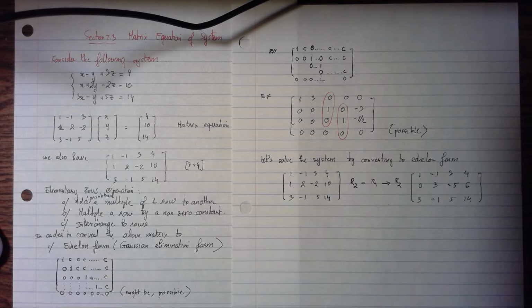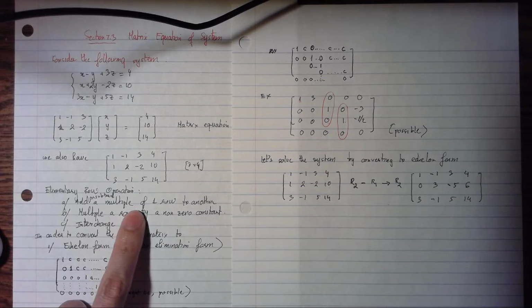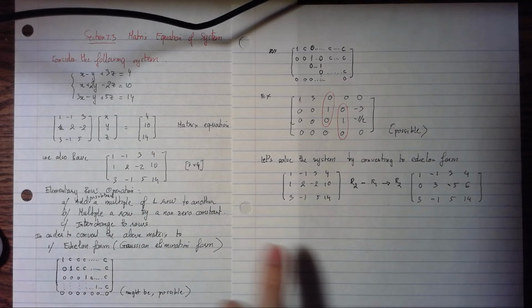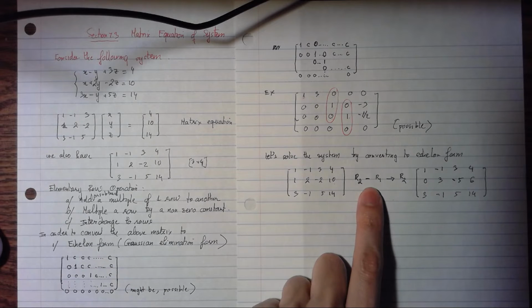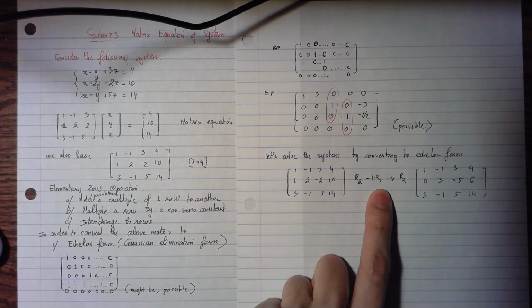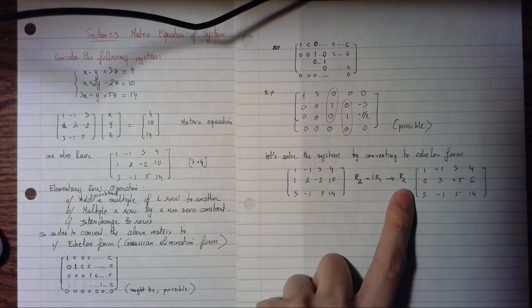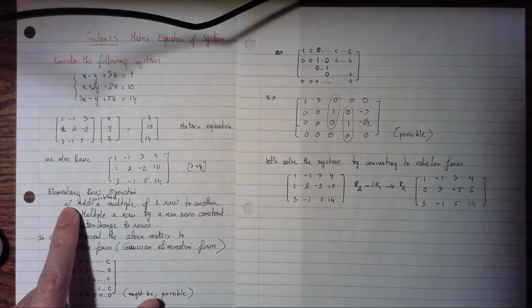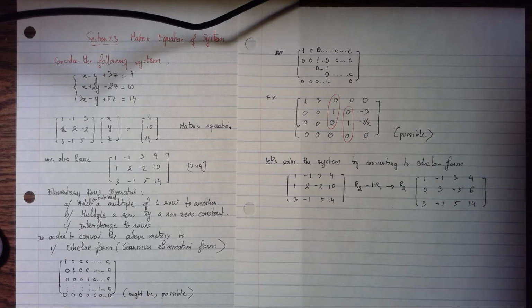So I just have a new row 2 by using the first way, adding or subtracting a multiple of one row to another. This is one time of one row to get a new row. If you're not used to it, it's going to take a little bit of time to process, but just sit down and think. You want to change row 2.